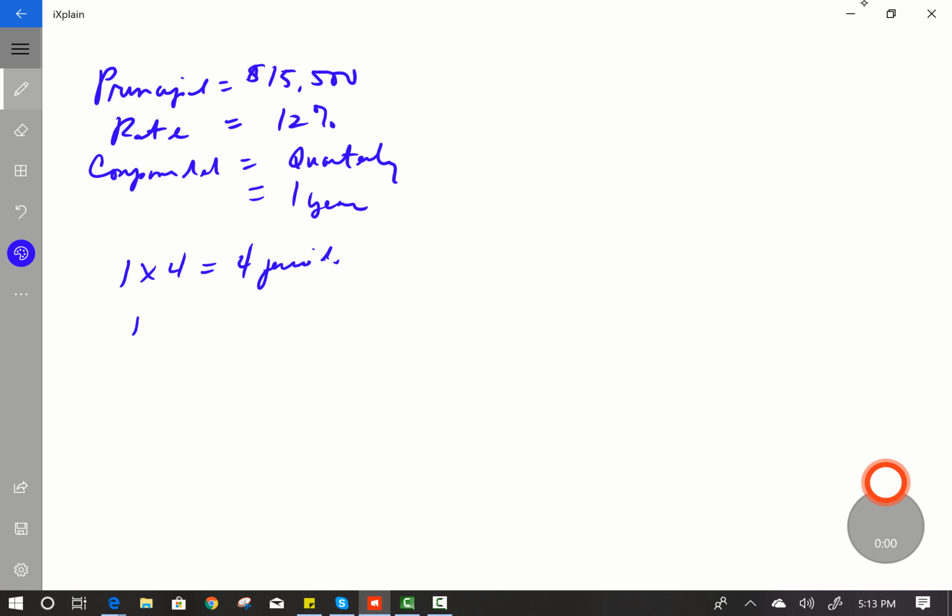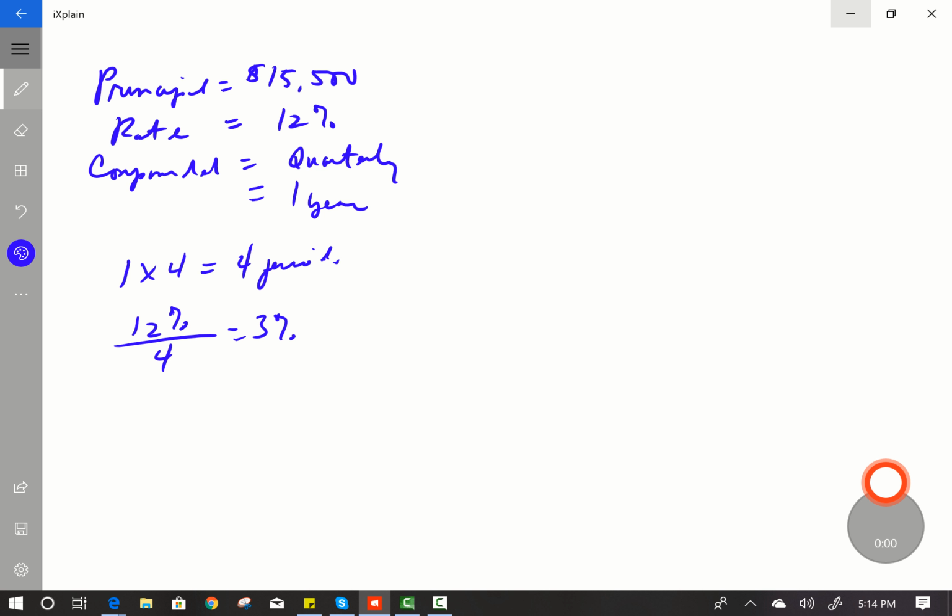And then take 12% divided by 4 times that it's compounded a year to give us 3% that we'll use on the future value chart. So 4 periods and 3% will give us a corresponding factor.